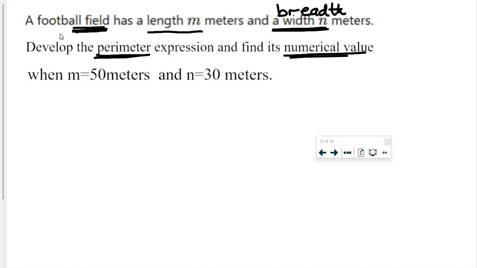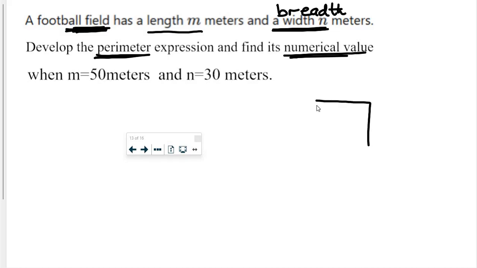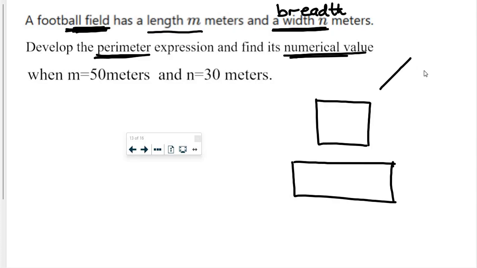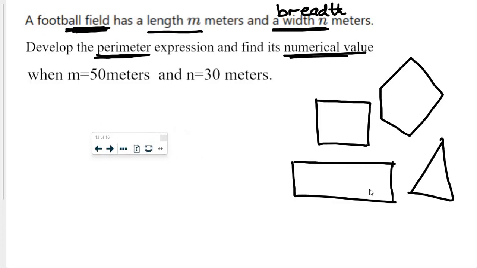But the question is, which shape does a football field take? Is it a square? Is it a rectangle? Is it maybe a shape like this? Or is it a triangle?